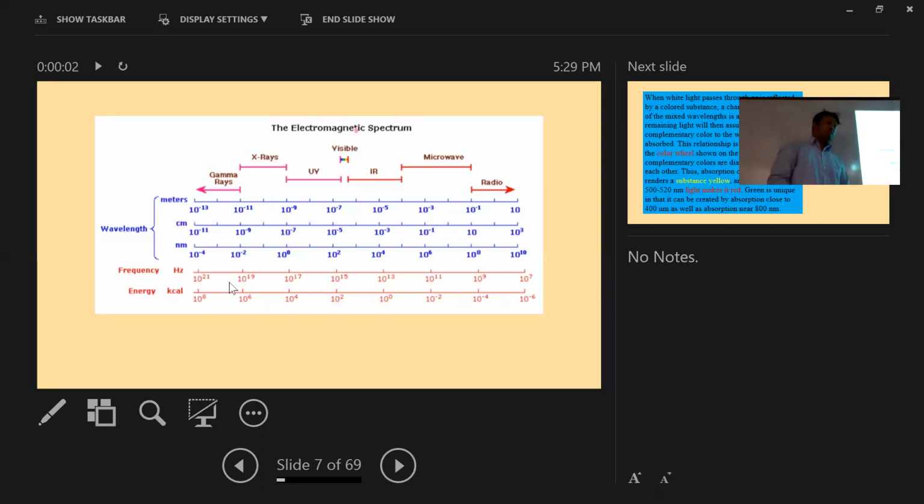So the frequency is inversely proportional to the wavelength. That can be represented for any laser, as I have mentioned. Just invert 1 by the wavelength and you will get the frequency.